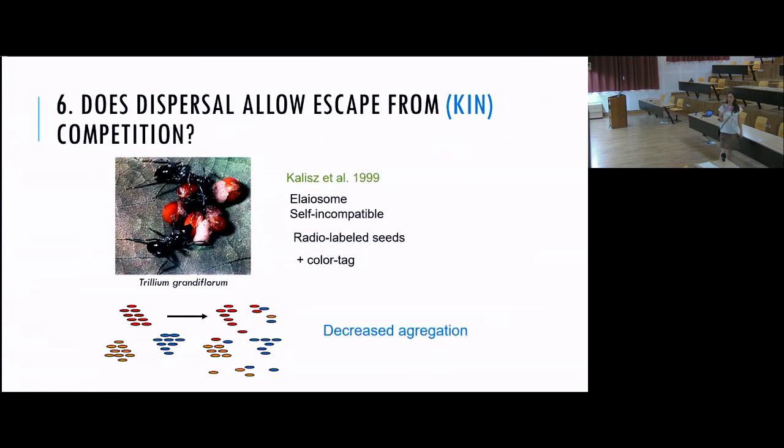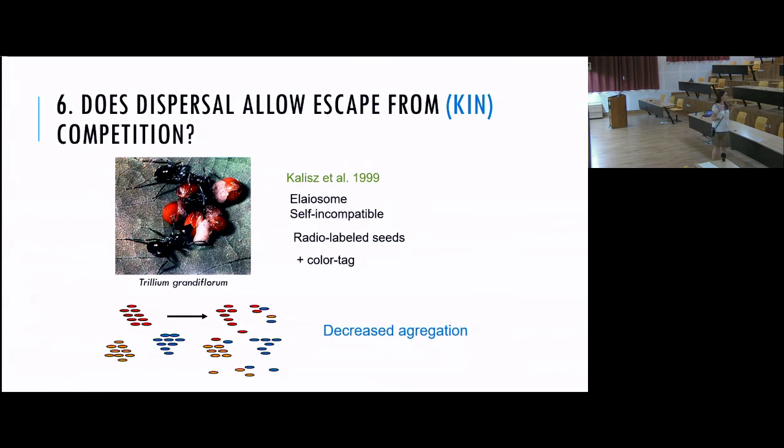And what they found, they did the experiment twice, is decreased aggregation of seeds after dispersal. So if the seeds had just fallen beneath the plant, they would all be packed together at very high density, and because of dispersal by the ants, now the density of seedlings around each seed was on average smaller. They found that in just one year, and the other year it was not true.